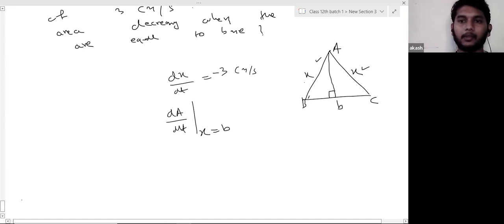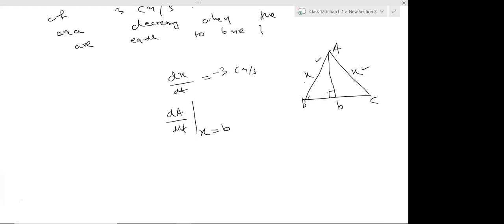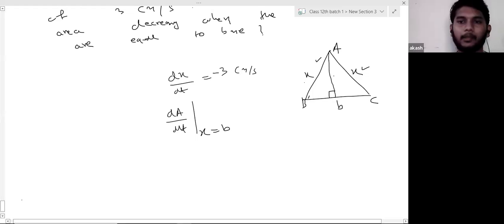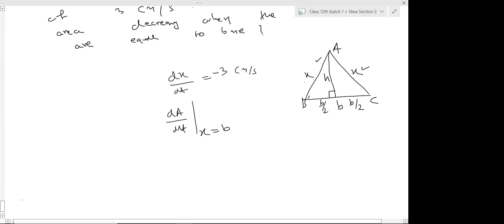So let me draw the height. What is the area of a triangle? Formula: half into base into height. So if I have this height h, I can find h. This is an isosceles triangle, so this will be b by 2, b by 2. Yes or no, everyone? Yes, sir.